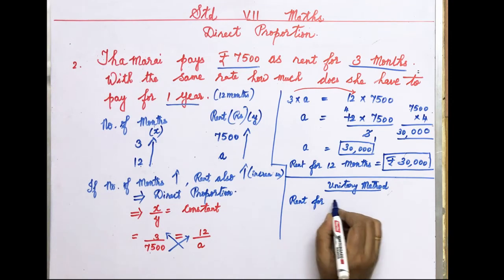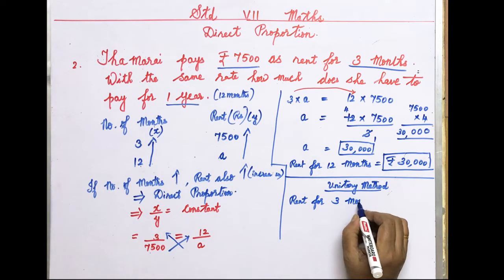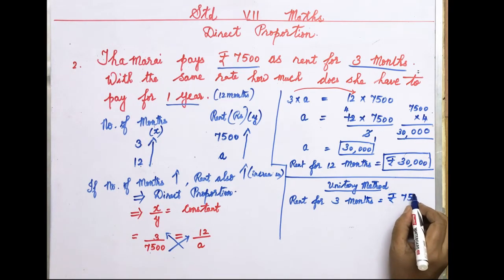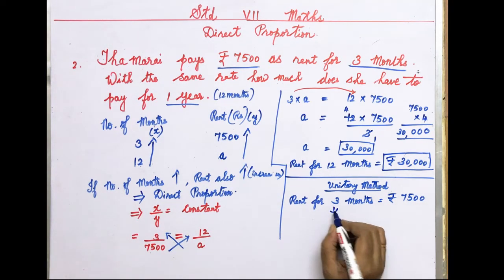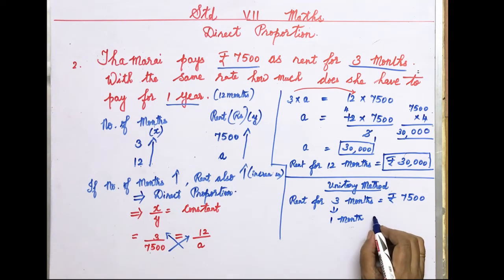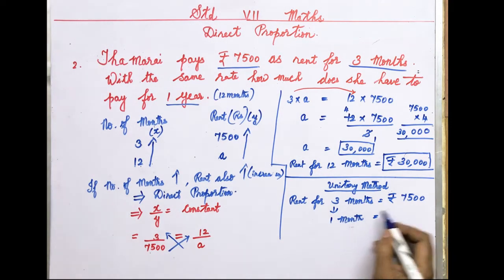Rent for 3 months is given. So rent for 3 months is equal to 7,500. From 3 we have to find out for 1 month. So for 1 month, what will we do? We will divide. So 7,500 divided by 3.